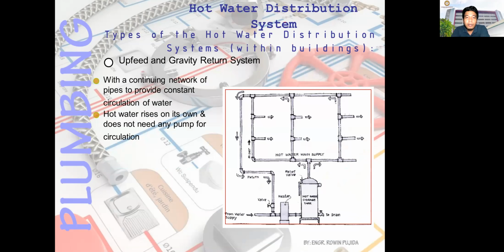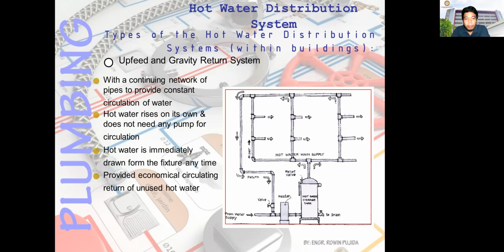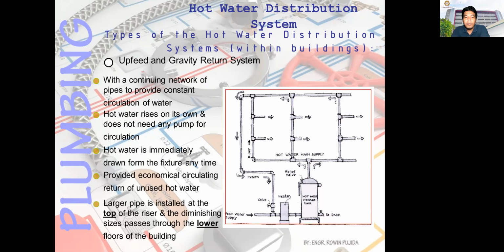Hot water rises on its own and does not need any pumps for circulation, but it depends on the pressure. Next, hot water is immediately drawn from the fixture anytime, provided there is economical circulating return of unused hot water.